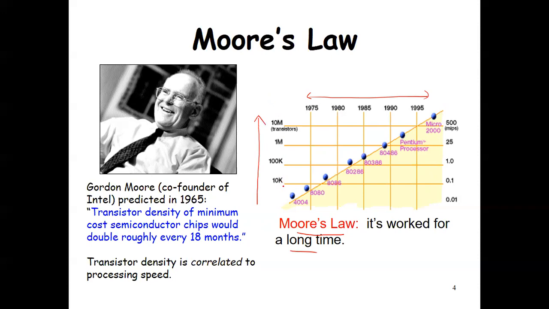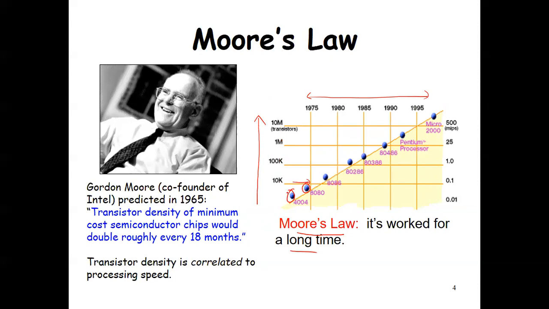The first microprocessor introduced was the 4004, and then the 8080. The number of transistors used in the 8080 processor is close to 10,000.